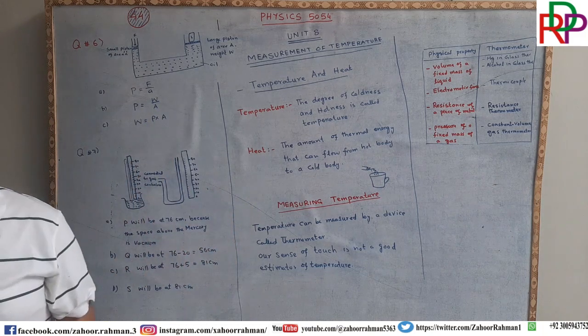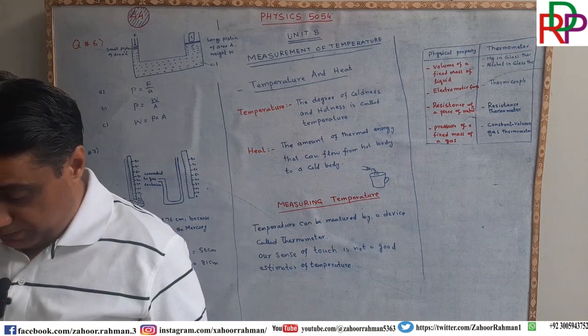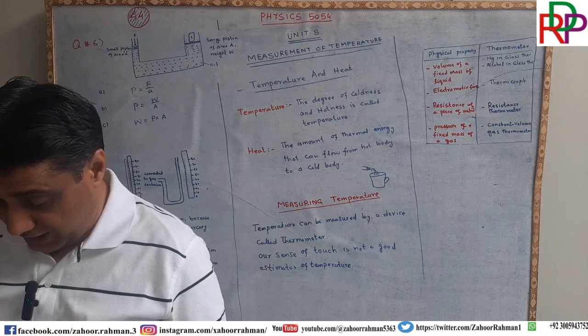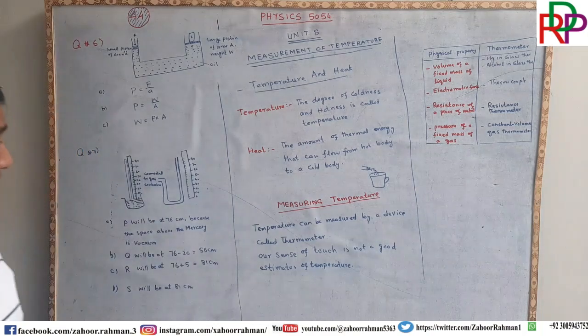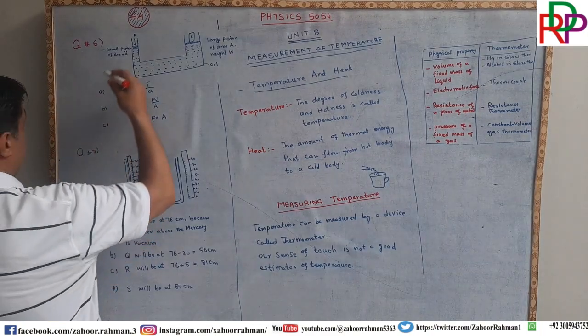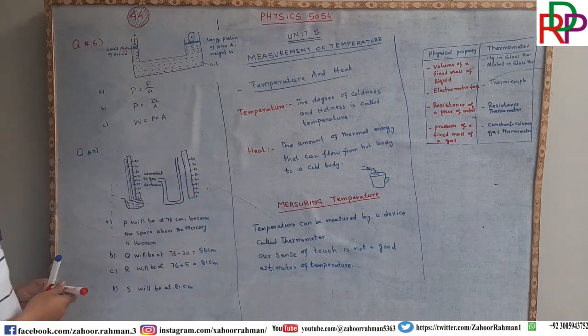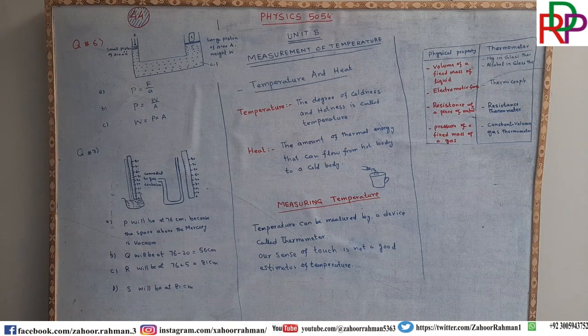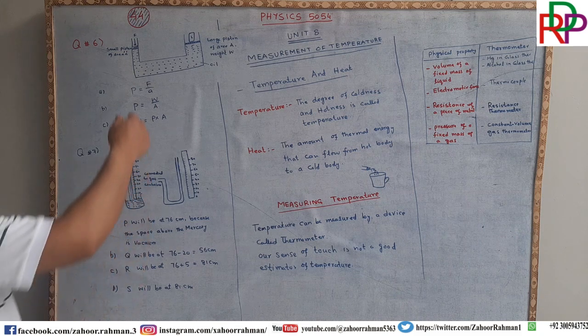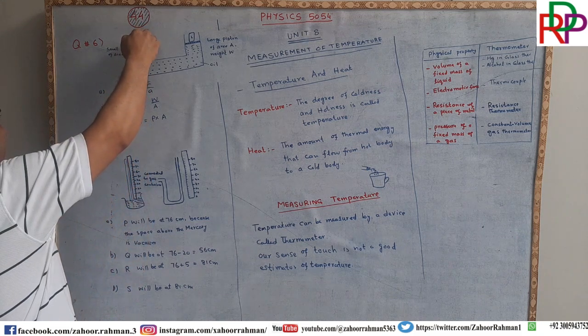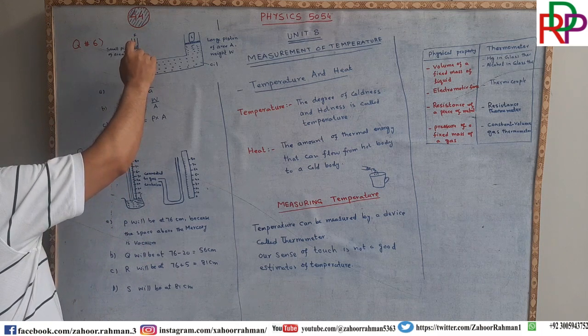There is another small part: indicate what becomes of the energy used in pressing down the small piston. We have chemical energy in our body, and due to that chemical energy, we are applying a force on this small piston.